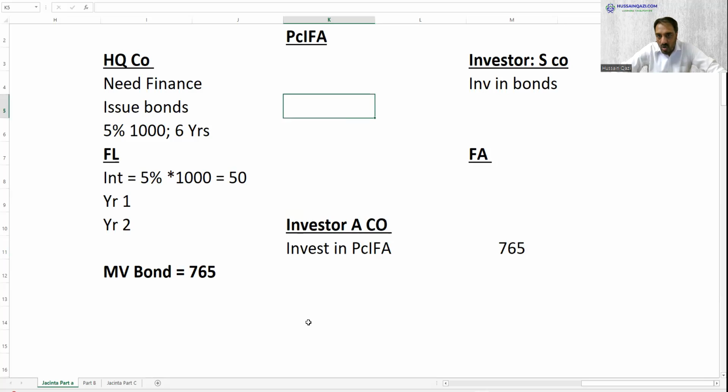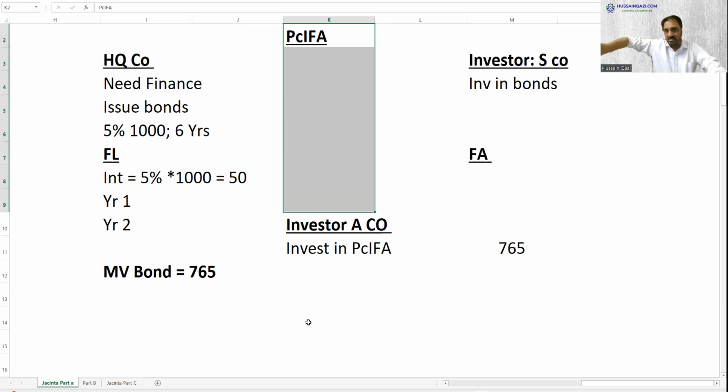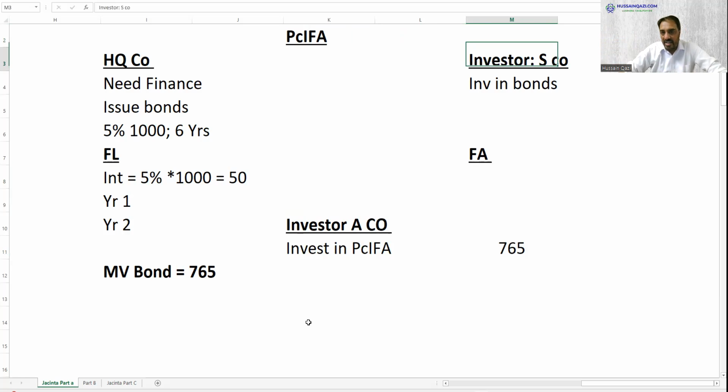Students, you know very well that if, for a moment, we consider the investor S company, that's called investment in bonds. For the time being, leave aside the impaired financial asset.